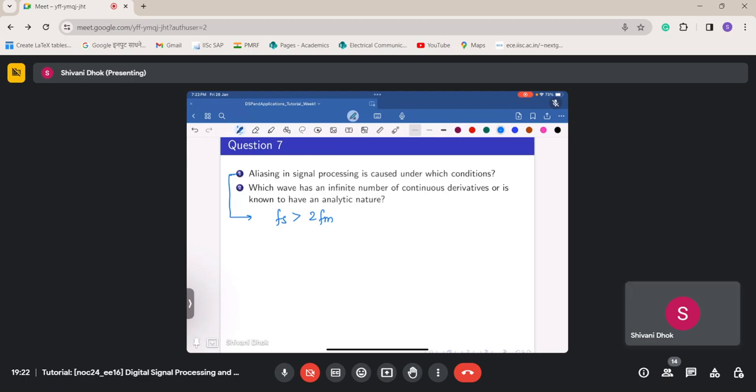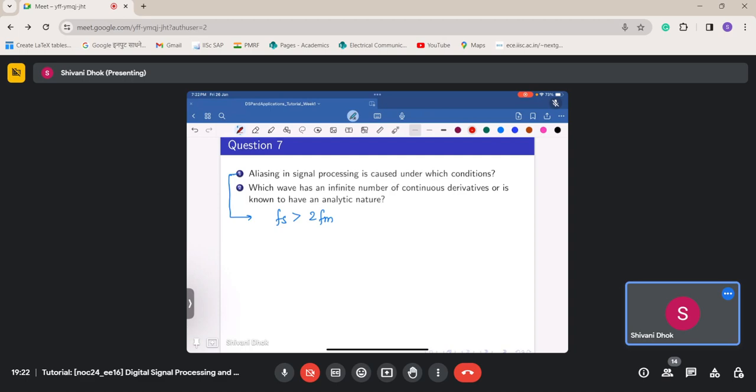It is not necessarily evil. However, when we are going for signal processing and communication applications, where the signal carries some information, in that situation aliasing is evil. We don't want aliasing in those situations.